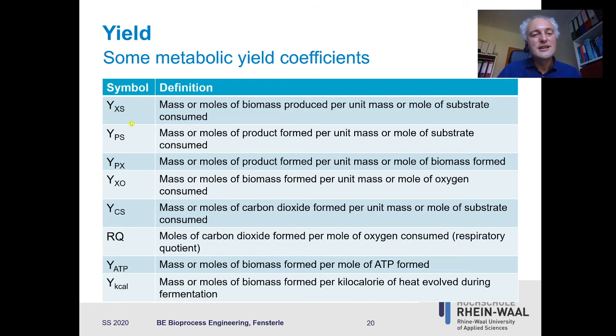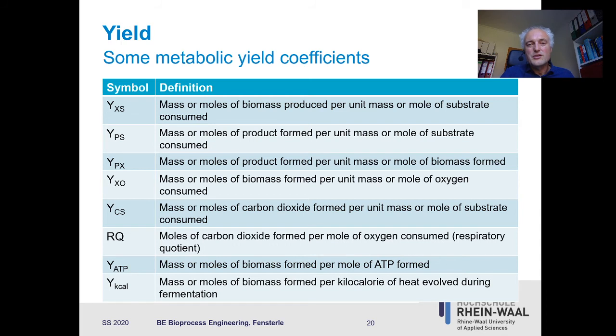So this is the biomass yield, and this is certainly one of the most important yields, or the same is true for the product yield, because this is usually what you want to do in your bioreactor. You want to produce biomass, or you want to produce your product, and you might want to produce as low an amount as possible of biomass. You want to optimize these parameters. At the end, you want to produce as much product as possible from your substrate.